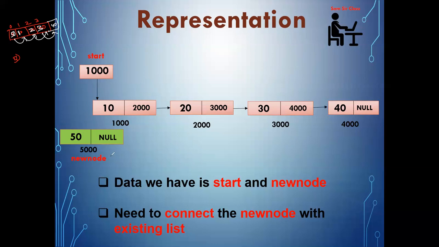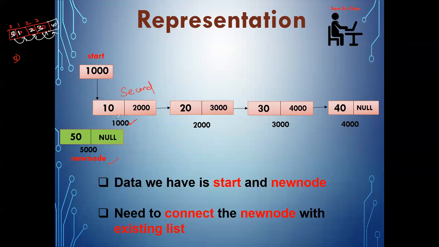What? Now this is a new node I need to insert at the beginning. So if this will be the first node, then the node that was the first node before, like 1000 was the previous first node, now it will become the second node. Okay.